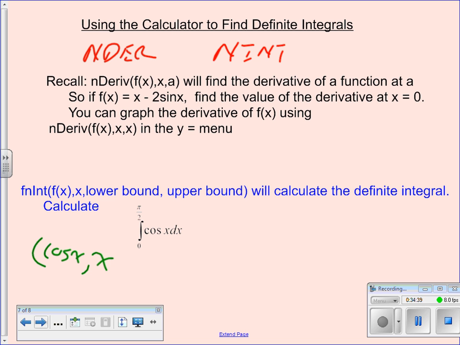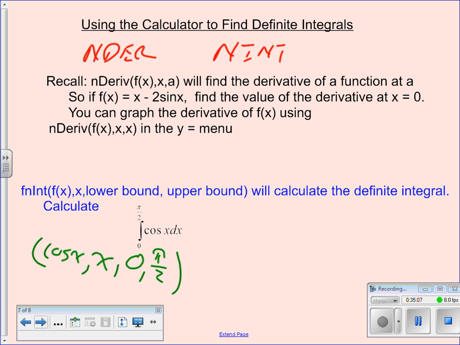X, you have to tell it the variable you are integrating with respect to. Comma, the lower bound, comma, the upper bound, end parentheses. It is not always the easiest thing to do. If you don't type it in correctly, it won't work.